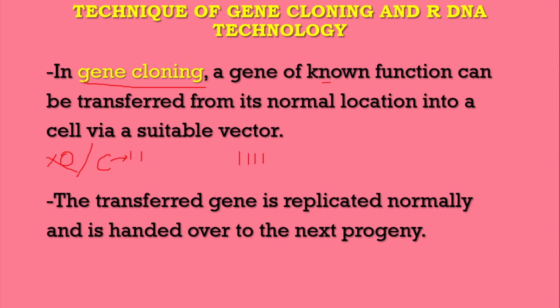So in gene cloning, a gene of known function, meaning the gene of desired type, is taken. Suppose this gene is responsible for the production of insulin. That gene can be transferred to a new location, a new organism or new cell, via a suitable vector. Again, gene cloning means the desired gene is transferred into a new organism through the vector.